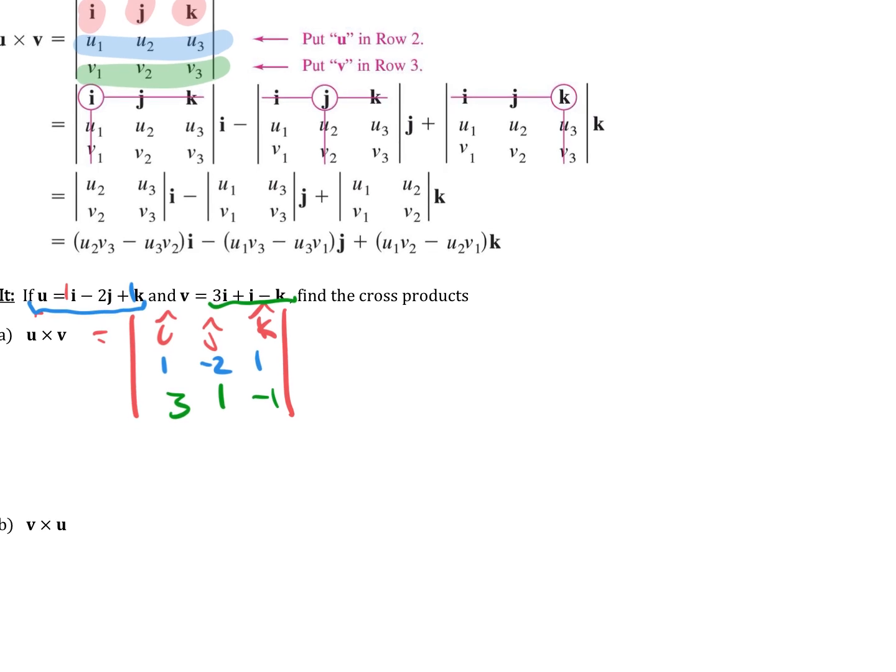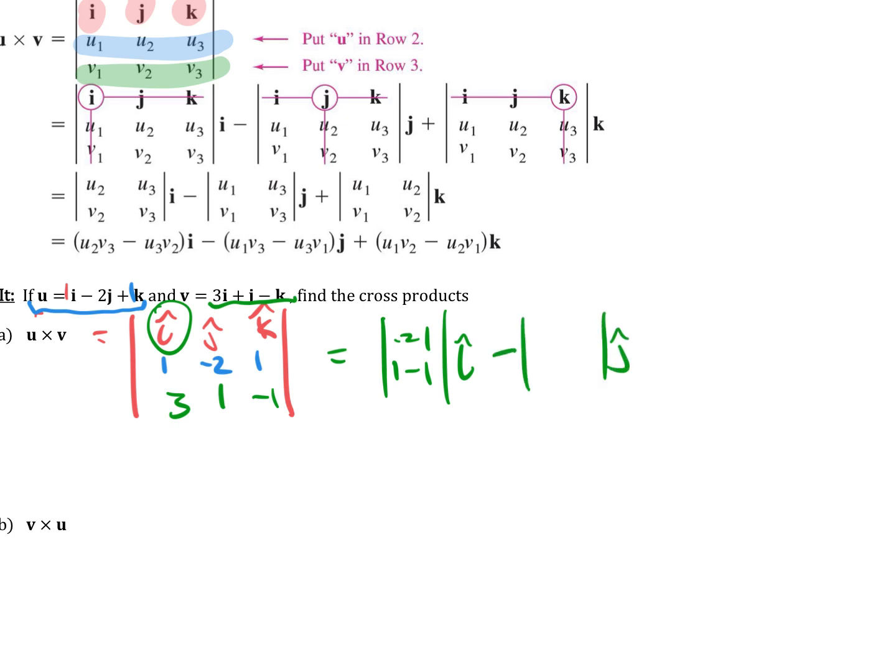And when we do our cross product here, our determinant, sorry, we're doing our determinant. So we have our I vector times the determinant of -2, 1, 1, -1. So that's these four right here. And then we have minus, and we're going to have the J vector.